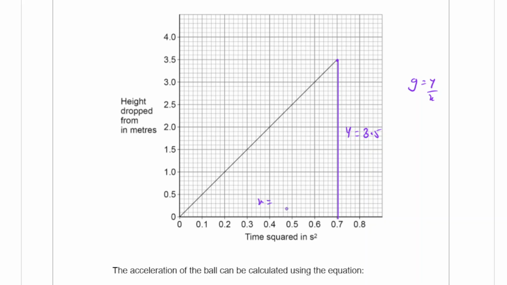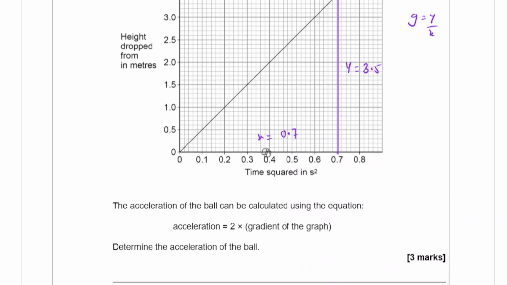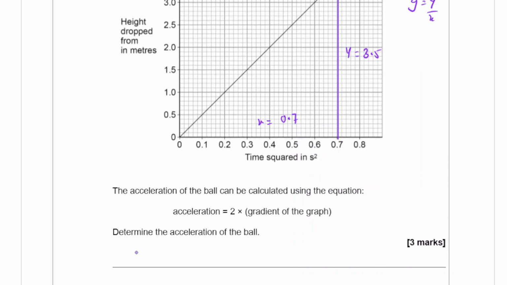The x value is 0.7. So gradient equals 3.5 divided by 0.7.